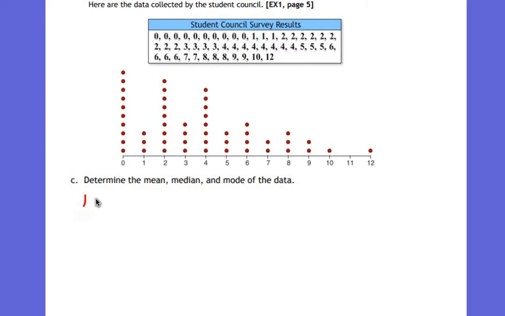So a mean. Does anybody remember what the mean means? The middle? That's the median. Mean is the average.